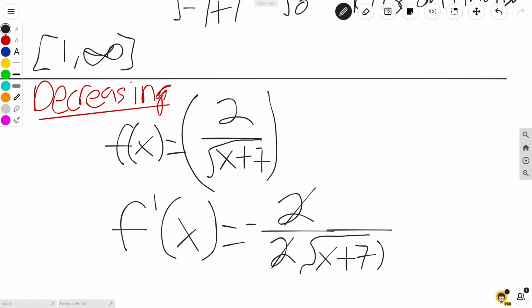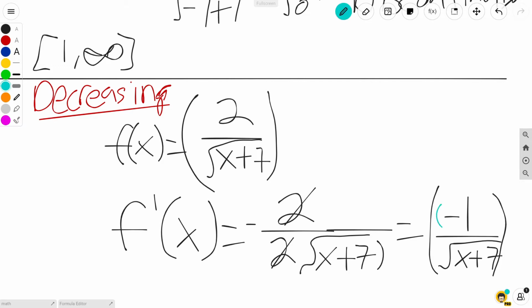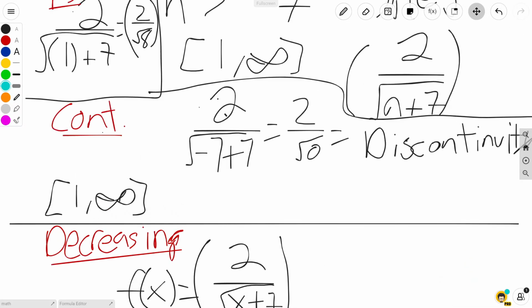The 2's cancel, and we're left with negative 1 divided by the square root of x plus 7. This is our first derivative, and the important part is that it's negative, since we have this minus sign, so we check off condition number 3.